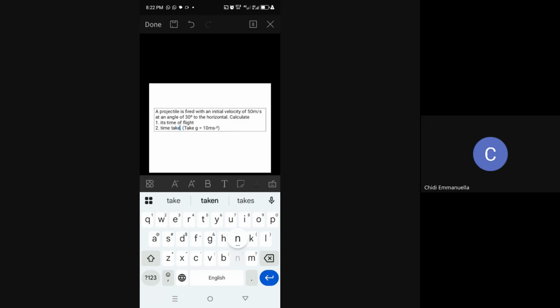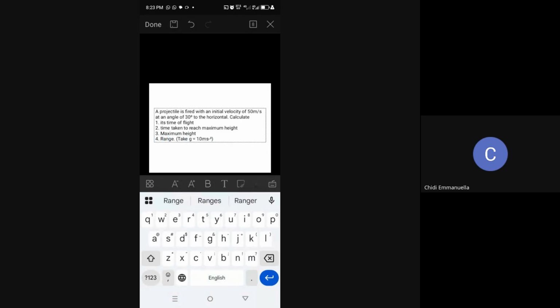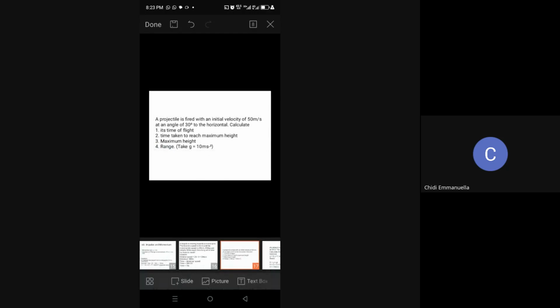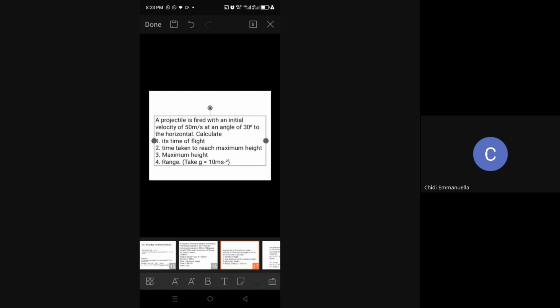Time taken to reach maximum height. 3. Maximum height. 4. Range. Are we through? Have you written it or have you screenshot? Yes. Okay. Everybody, right?